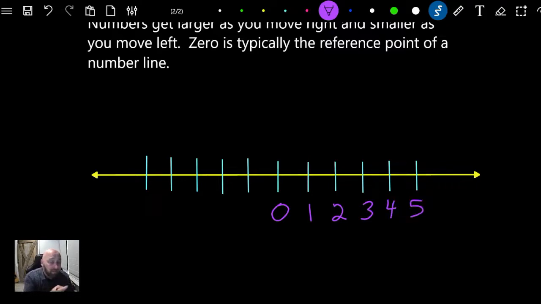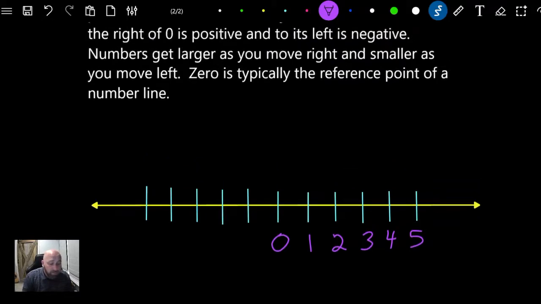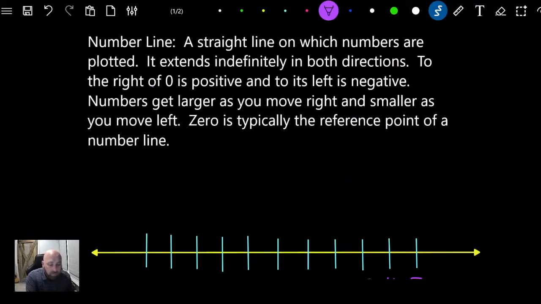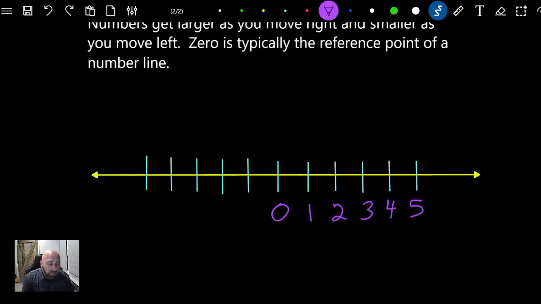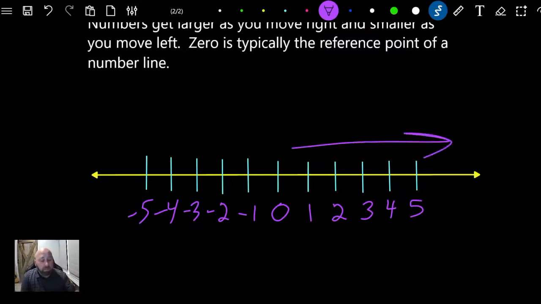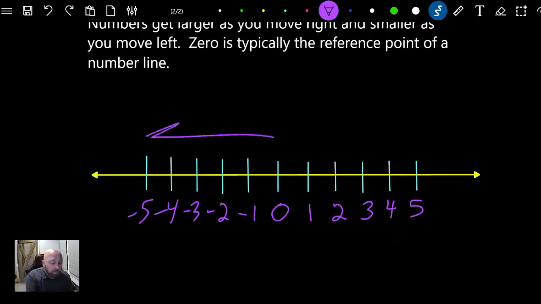Going in the other direction to the left, look what it says right here. To the left is negative. So anything to the left of that 0 is going to be negative 1, negative 2, negative 3, negative 4, and negative 5. So going to the right, this way is all going to be positive. Going to the left this way here is going to be negative on the number line.